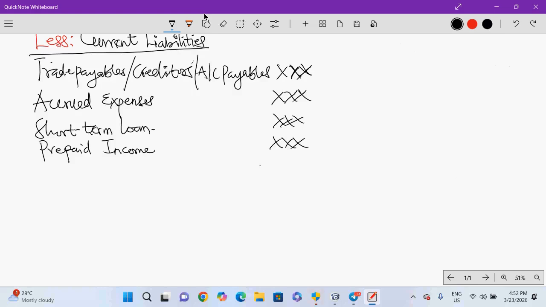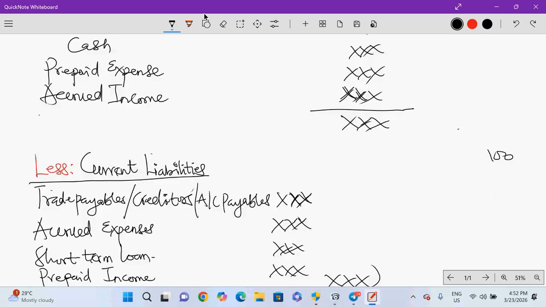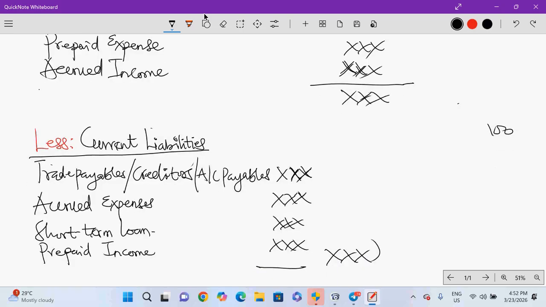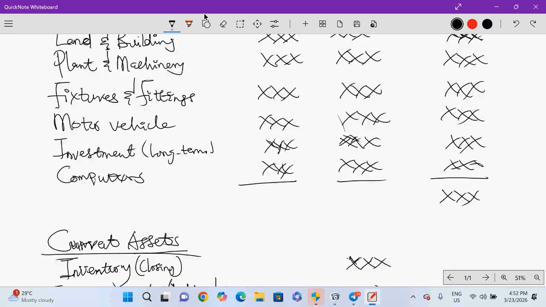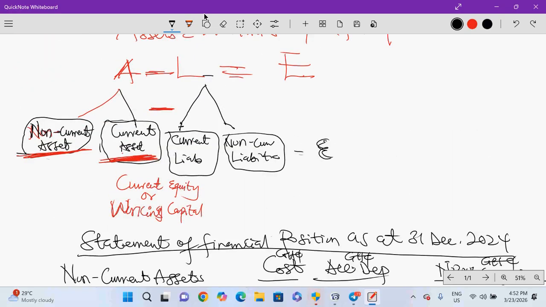All right, what else? Then we are going to get our total. We deduct the total current liabilities from the current assets. Current assets minus current liabilities.